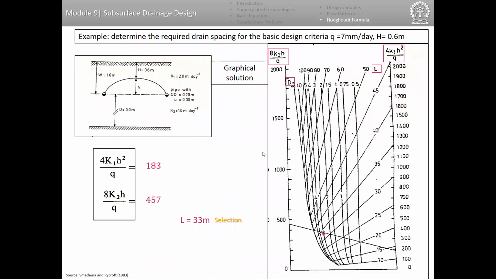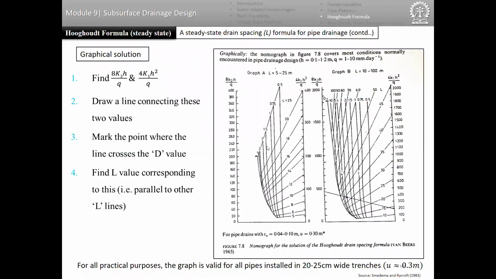Another approach is to use the graphical method, in which we have the values of 8K2H by q and 4K1H square by q on the two axes.